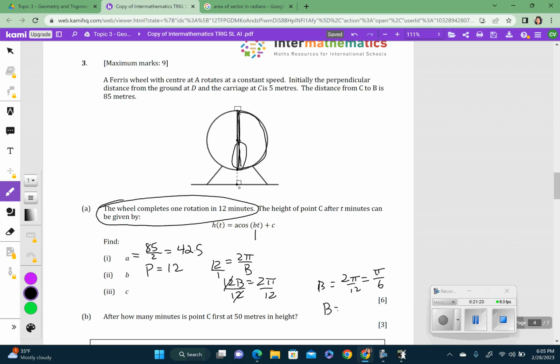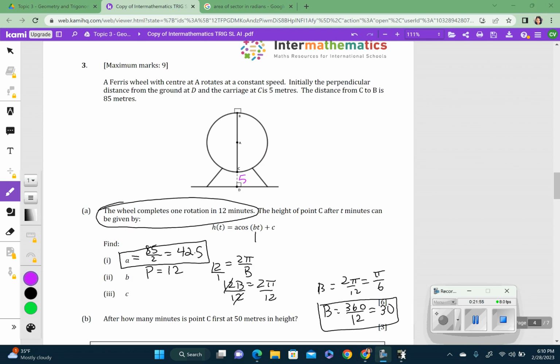So 360 divided by 12. 360 divided by 12 is 30. So our B here is 30. B equals 30. So our A is 42.5 and our B is 30. Okay. All right. And finally, we're looking for the third part, which is C.